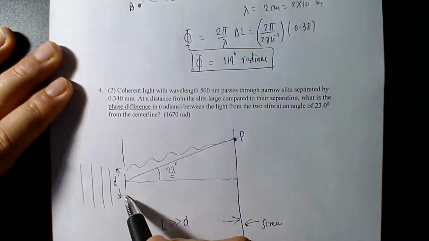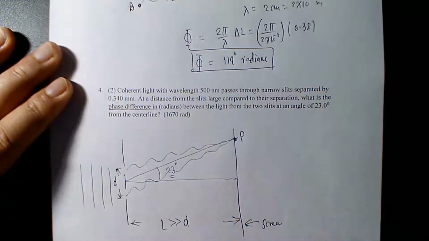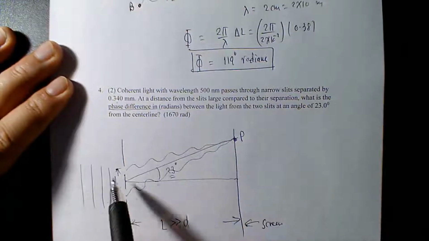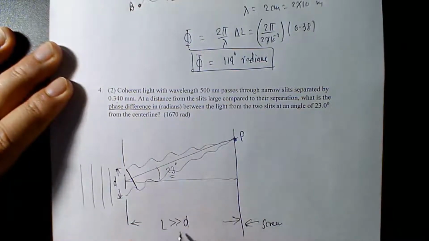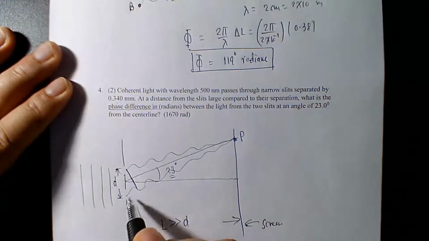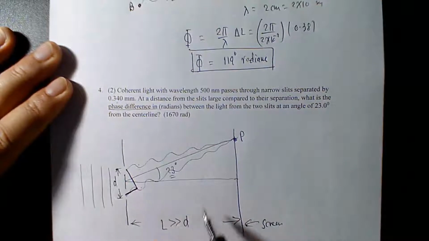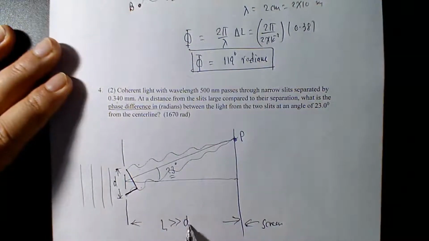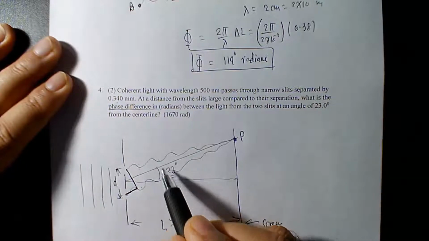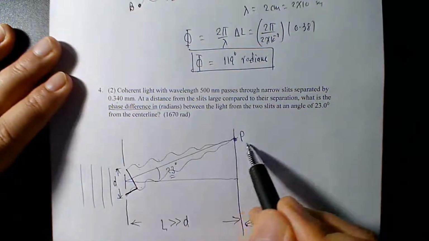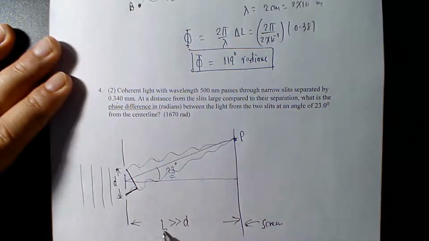Just like this problem, reaching here. And one more thing: in double slit optical interference, if L is much bigger than d, you can consider approximately that these two light waves are arriving here in parallel. Then the path difference between these two light waves reaching here is given by d sine theta.